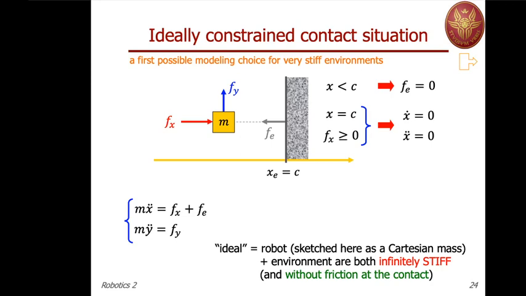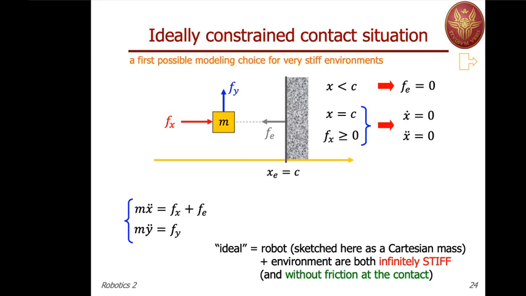Now, this simple modeling assumption requires that we implicitly assume that we get in contact with the environment at zero speed, so initially with x dot equals 0.